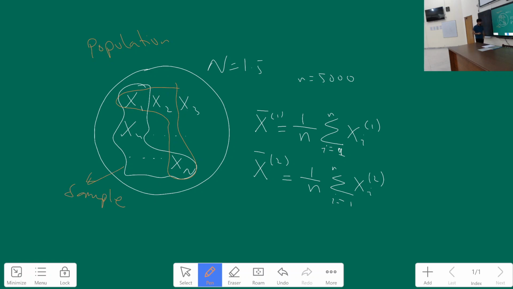Now the statistics of the population, for example, mean, variance, mode, covariance, and many others, we will call them the true statistics. So the mean of the population, that is, if you were to measure all 1.5 million adults' heights in Swabi, then you will be calculating the population mean or the true mean.